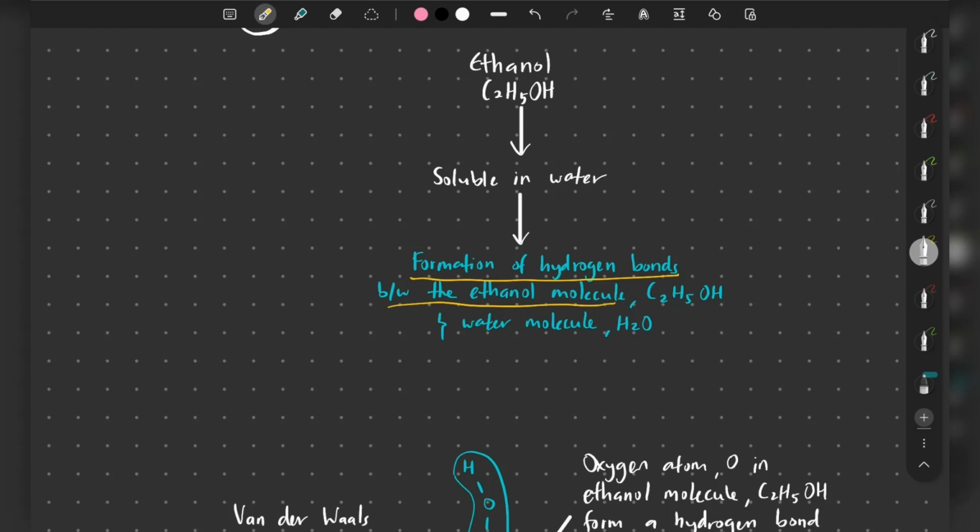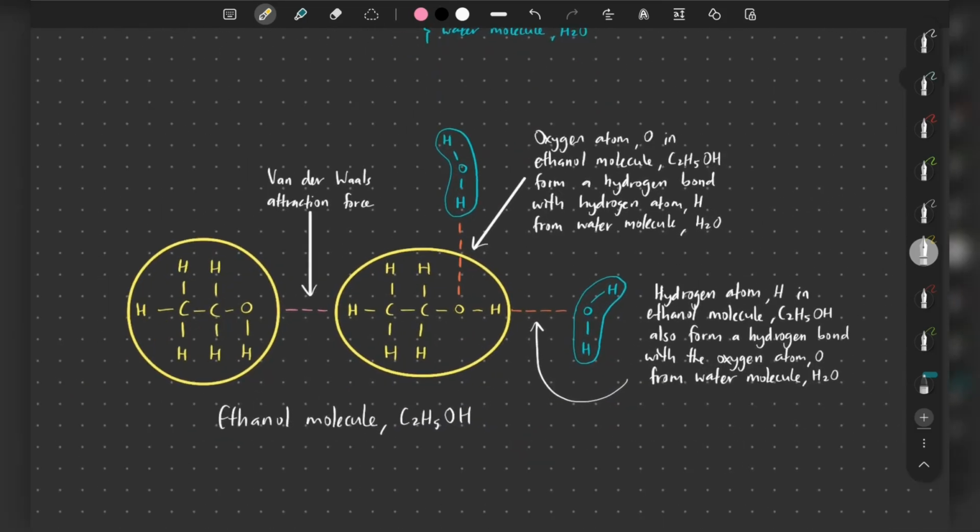Let me show you a diagram of it, just for you to understand more clearly how it forms hydrogen bonds with the water molecule. Here, these are the ethanol molecules. There are two ethanol molecules, the first ethanol molecule and the second ethanol molecule. As you still recall, I talked about the van der Waals attraction force before.